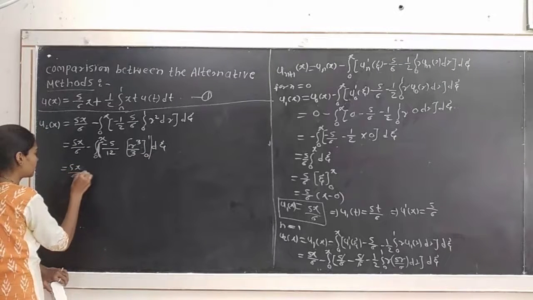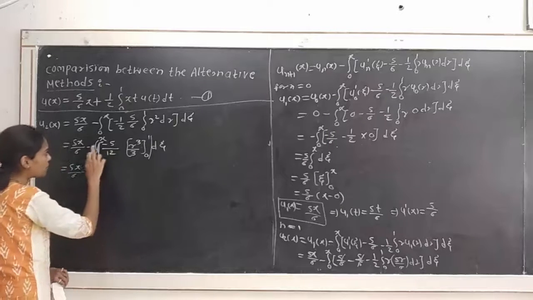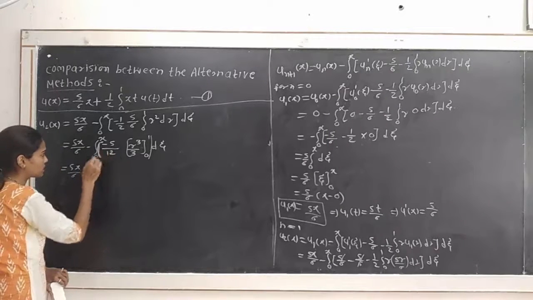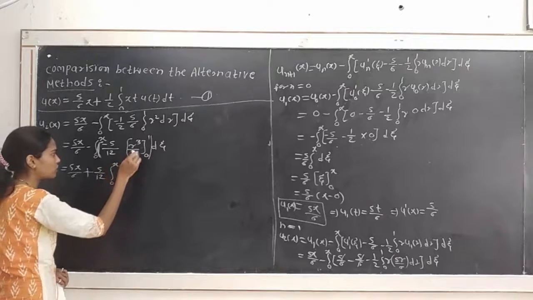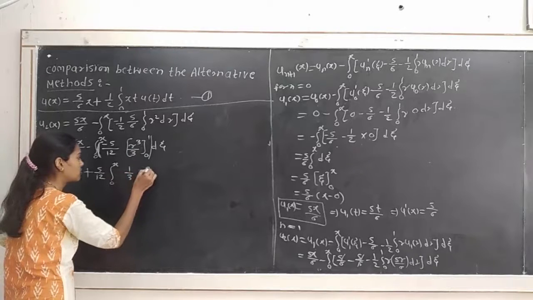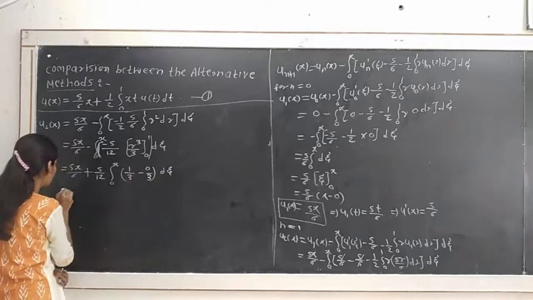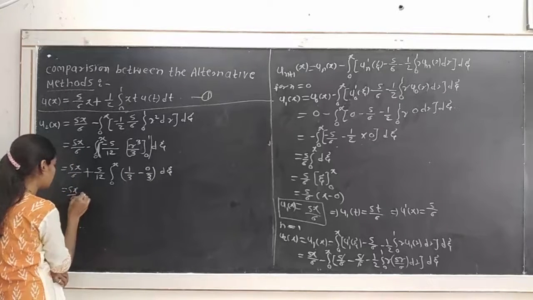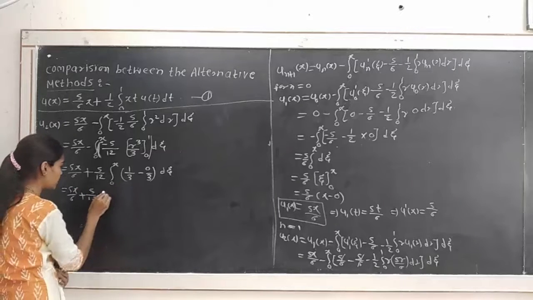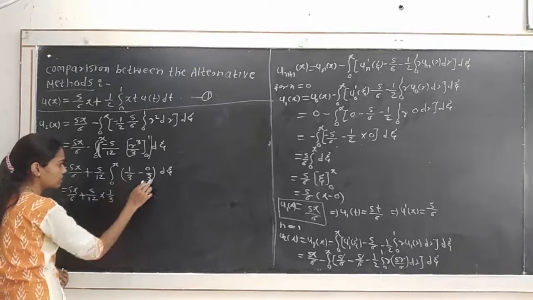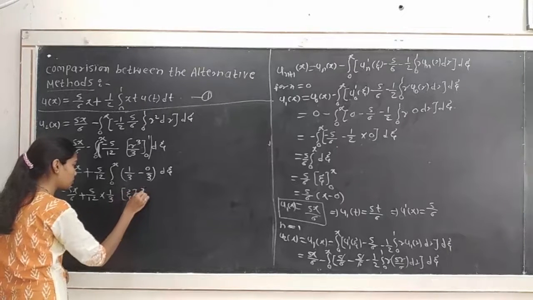So this is equal to 5x divided by 6 minus, again we can take minus 5 by 12 outside, so minus minus plus 5 divided by 12 in integration 0 to x. By putting the limits we get 1 by 3 minus 0 divided by 3, into d psi. So we get 5x divided by 6 plus 5 divided by 12, and here again 1 by 3 we take outside, this term becomes 0, and the integration of d xi will be xi, limits from 0 to x.